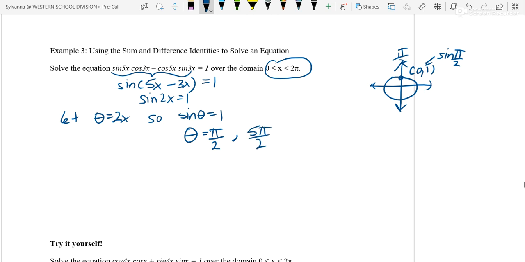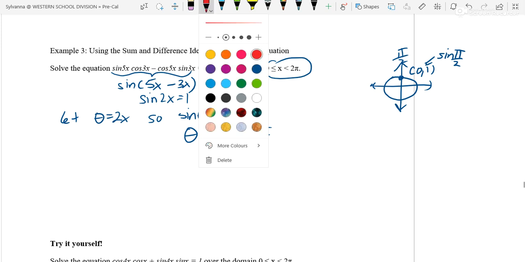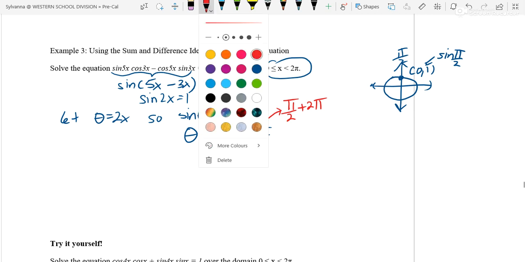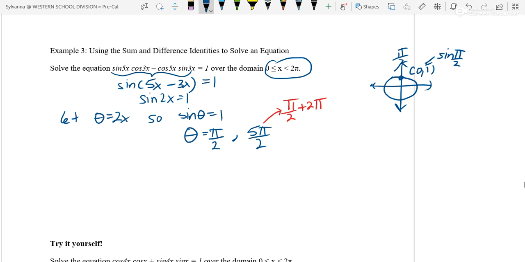And if you're still a little confused, I can explain a little further here. This is coming from the coterminal angle of pi over 2 by adding 2 pi to it. And when I do that, I would get 5 pi over 2. Okay, so I got those two angles. But I'm not done. I said theta is equal to that. I don't want theta. I want 2x.